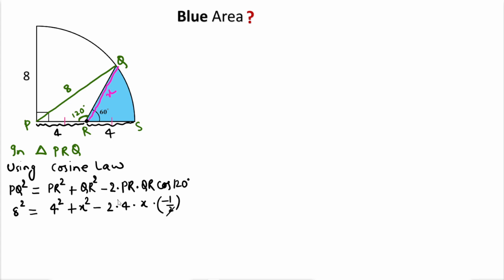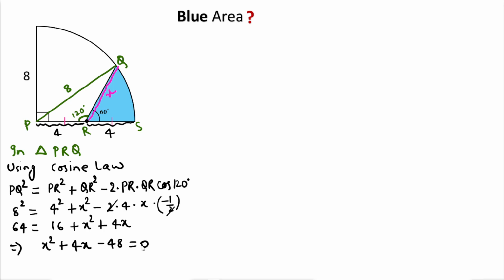So this 2 got cancelled. So we can write here 64 equal to 16 plus x square, minus minus becomes plus, so this will become 4x. After that we can write x square plus 4x, and 64 minus 16 becomes minus 48, equal to 0.